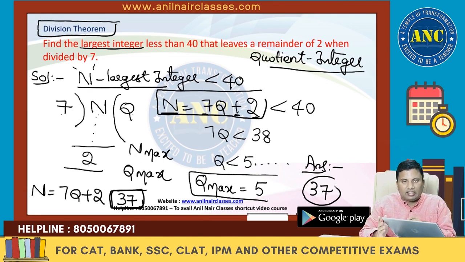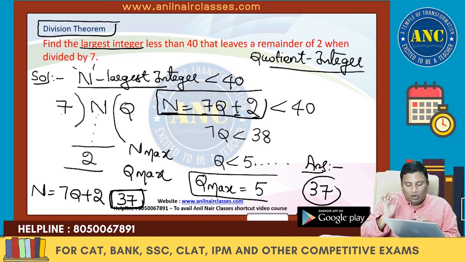It is less than 40. 7q is less than 38. Q is less than 5 point something. Quotient should be an integer. Integer just less than 5 point something is 5. Q maximum is 5. 7 fives are 35 plus 2, 37. Answer for the first question is 37.